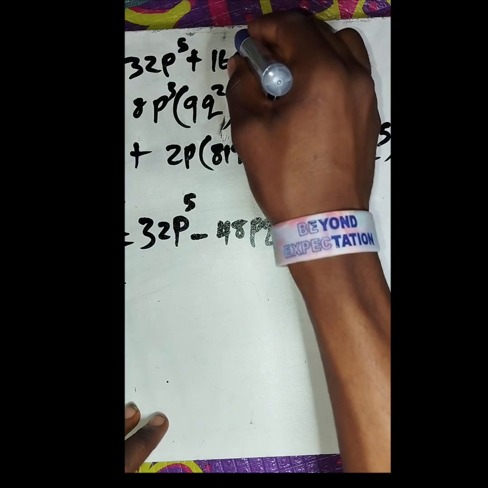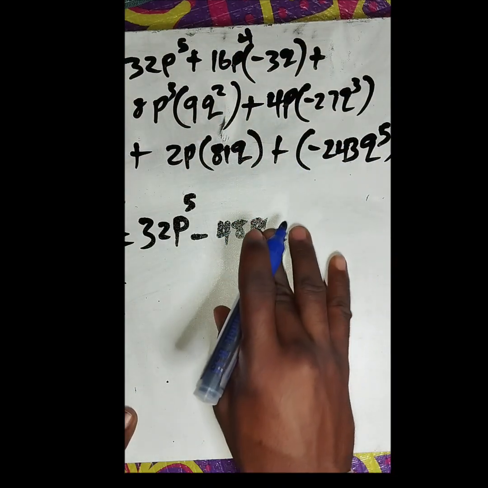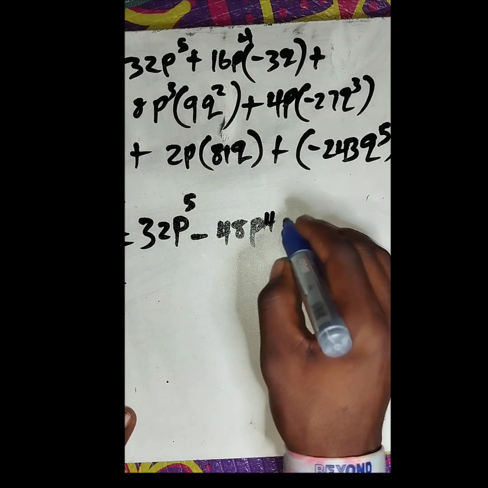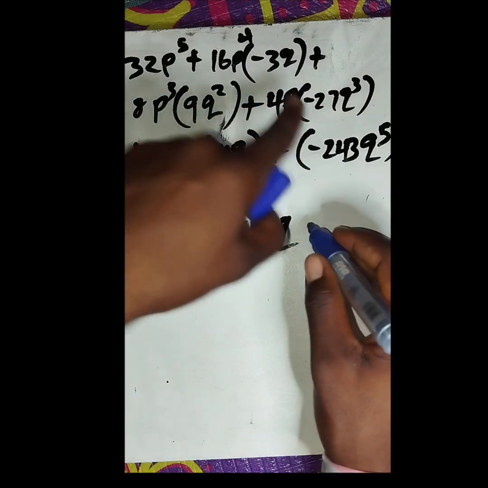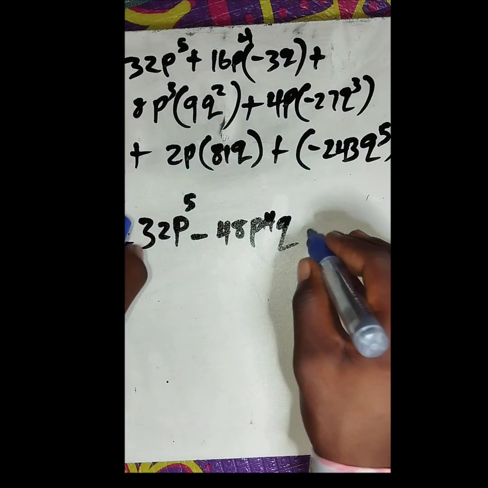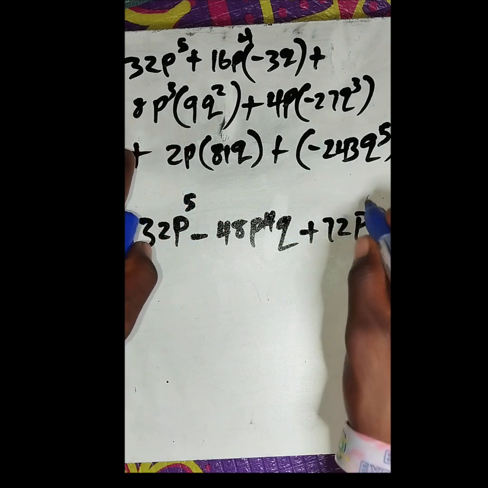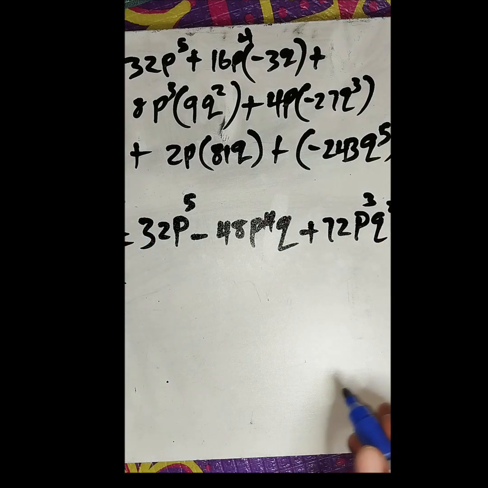Yes, I'm just going to put p raised to the power of 4 there. So I'm supposed to have p raised to the power of 4q. Okay, let's go. Plus 8 times 9, 72p cubed q squared. Okay, that's it.